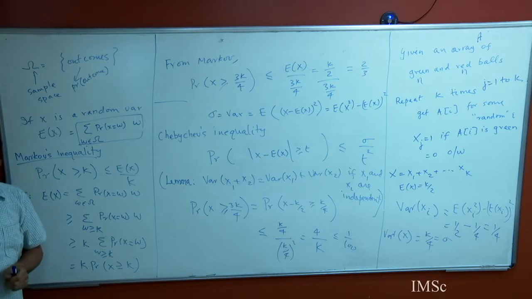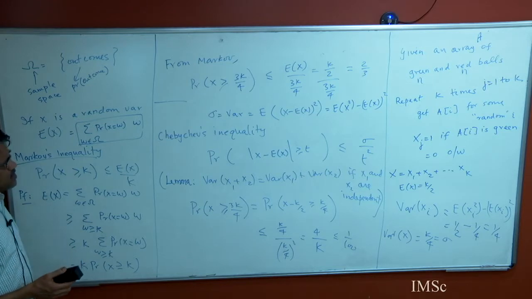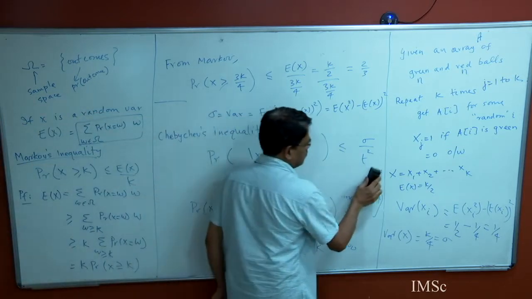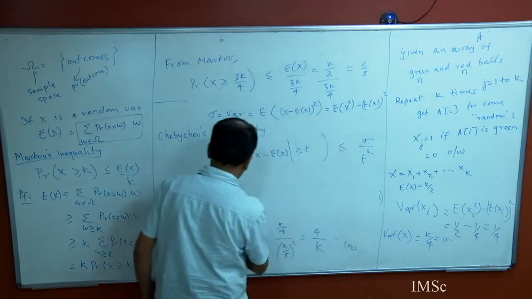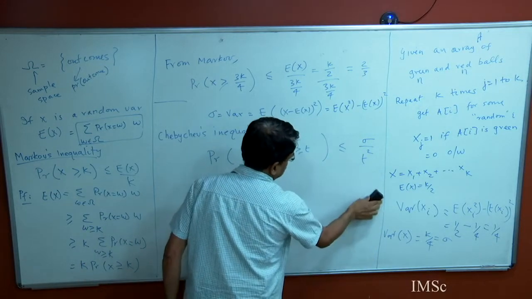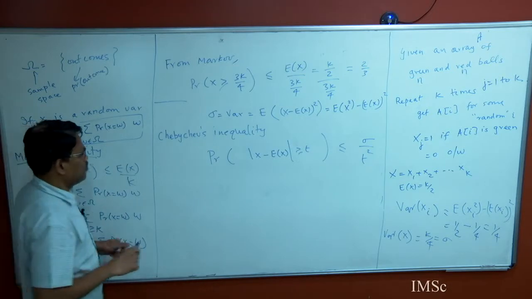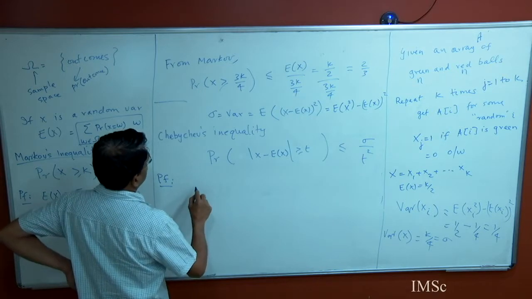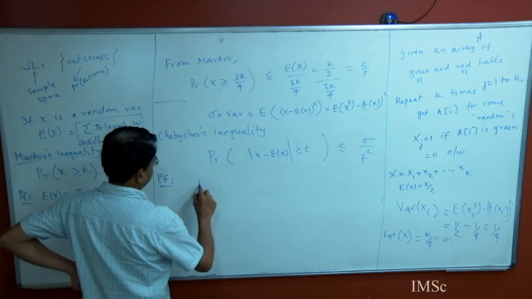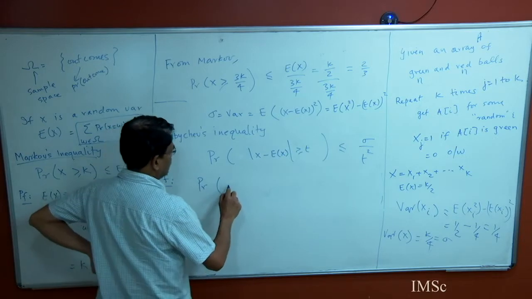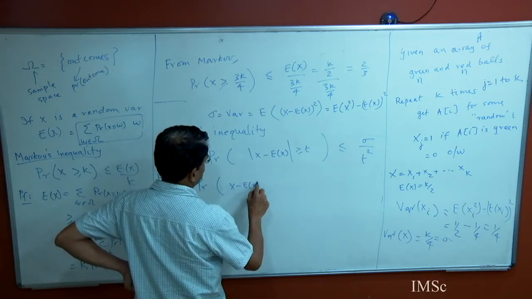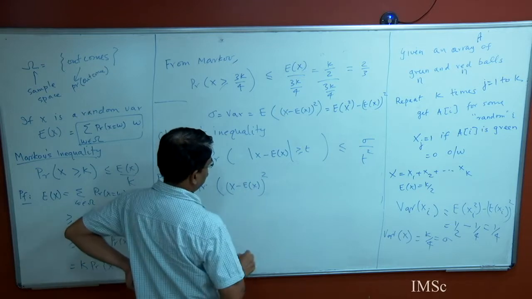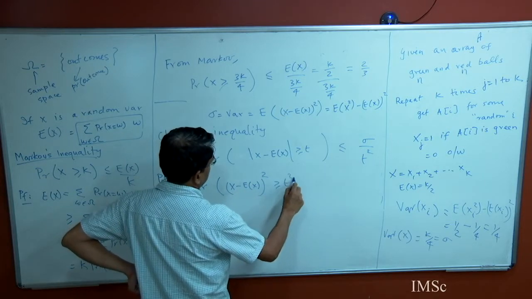Is that clear? So the proof of Chebyshev is not very hard. You apply Markov's. Probability that x minus ex whole square is greater than or equal to t square. Compute this, okay?